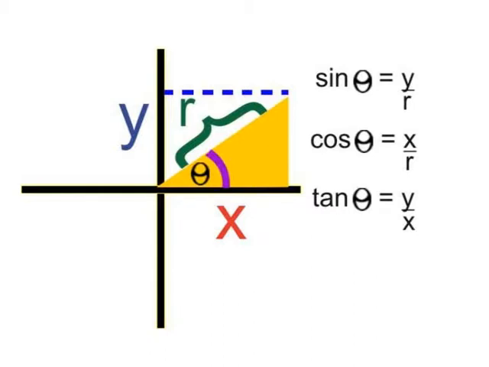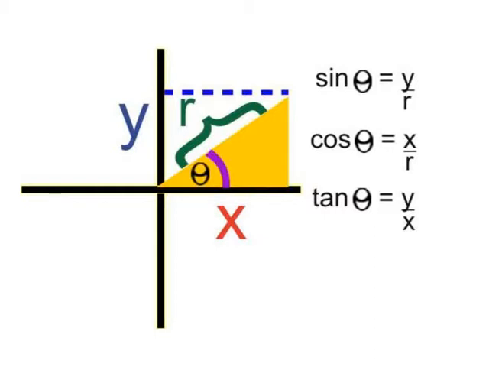R is essentially the hypotenuse. X and y are the coordinates of the angle given in terms of x and y. The first relationship of sine will look like this. Sine is equal to y over r.